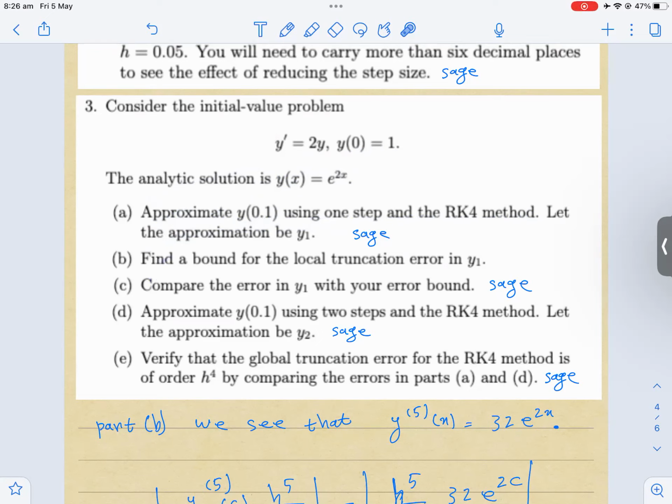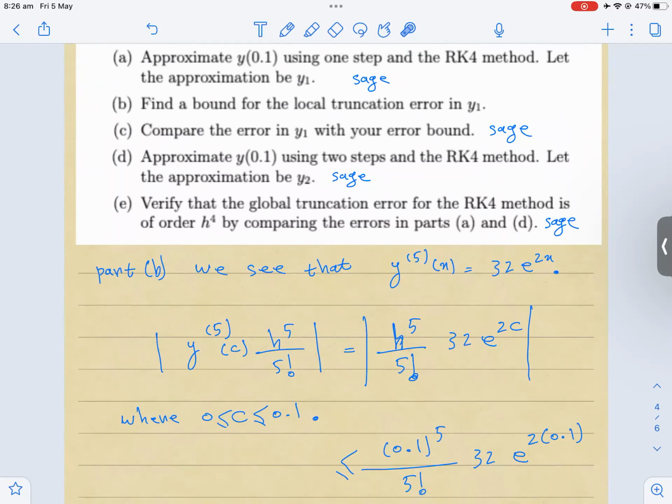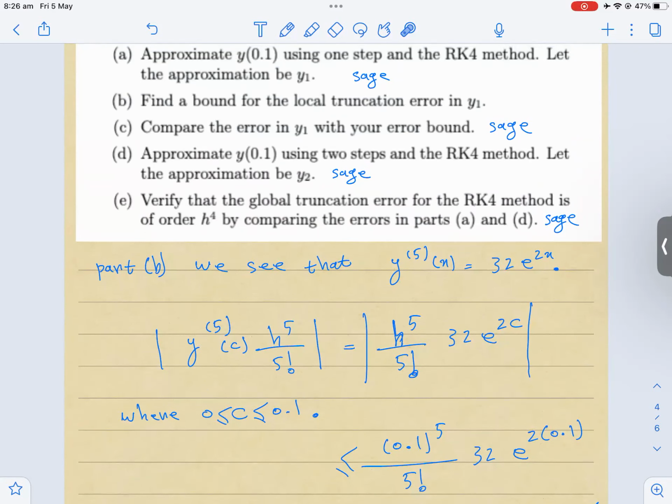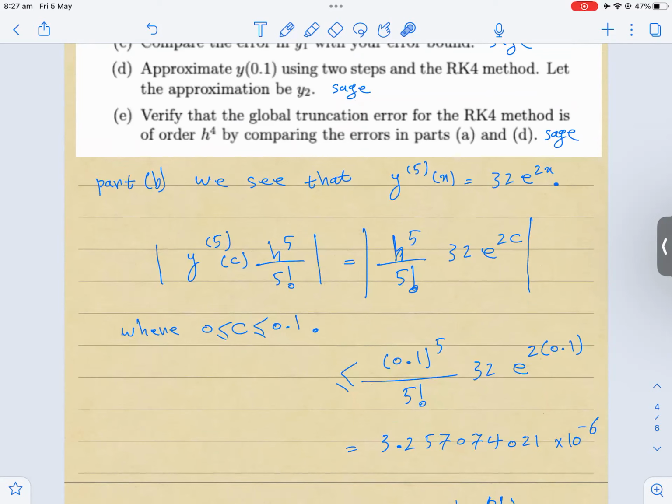The bound for part B is this. The fifth derivative of y is 32e to the 2x, and we've got this, so the upper bound must be like this. c is between 0 and 1/10. Now e to the 2c is an increasing function, so it gets its maximum when c is the maximum. So what we do is just substitution.